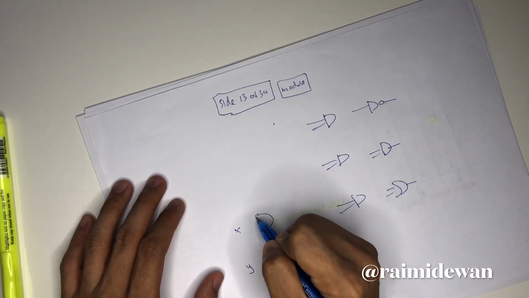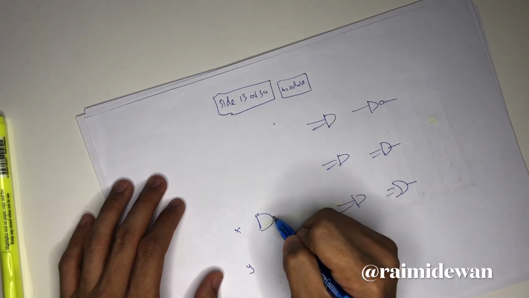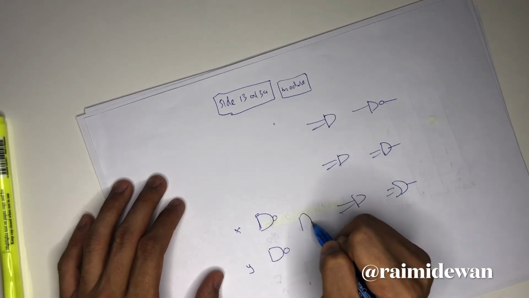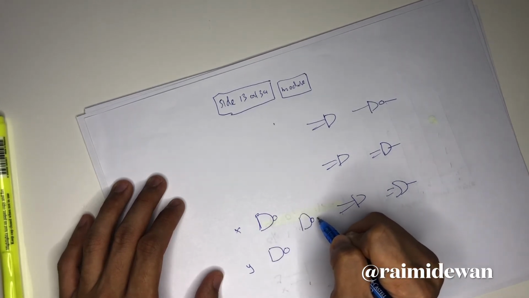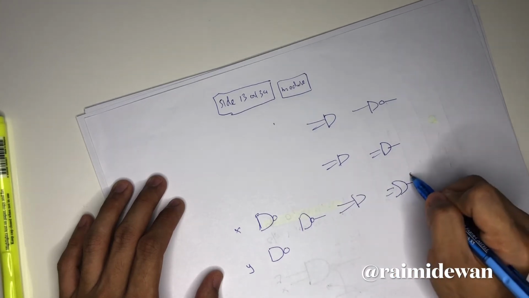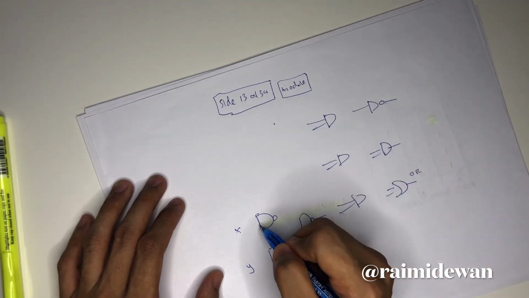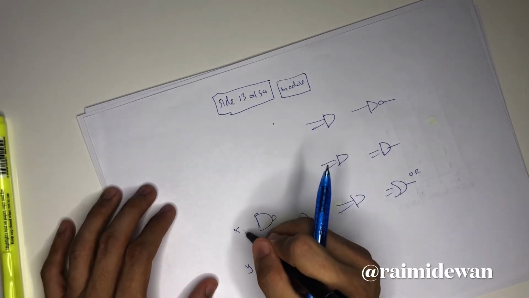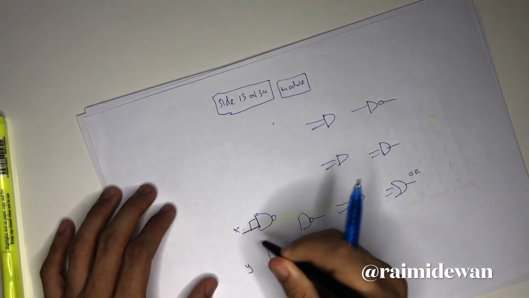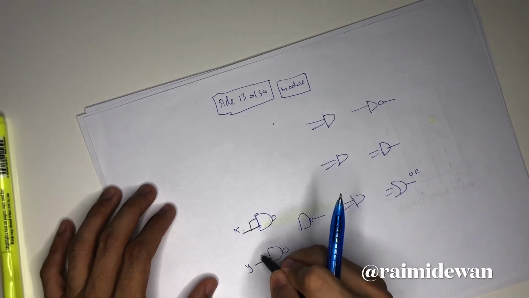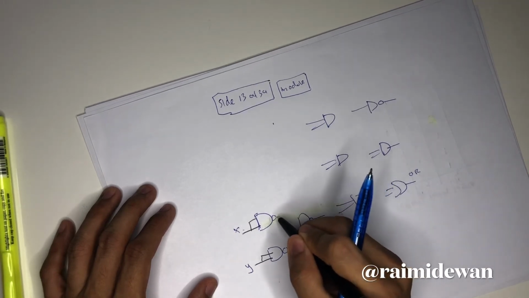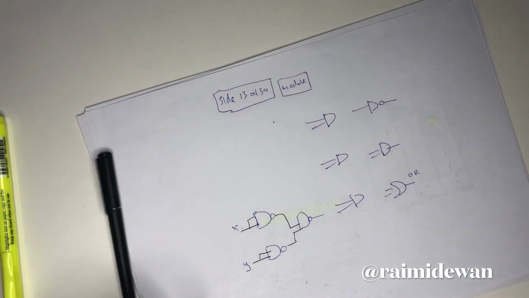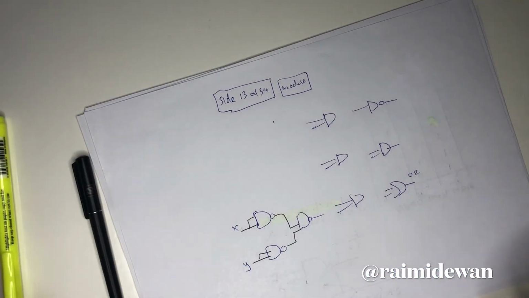You can use 3 NAND gates to produce an OR gate. For example, what is the condition?